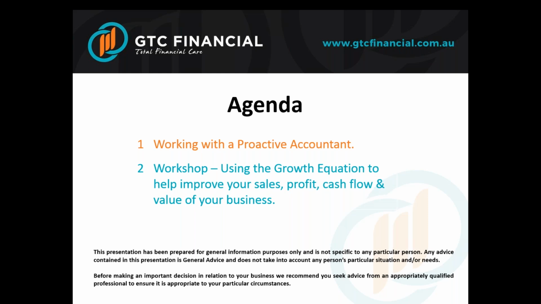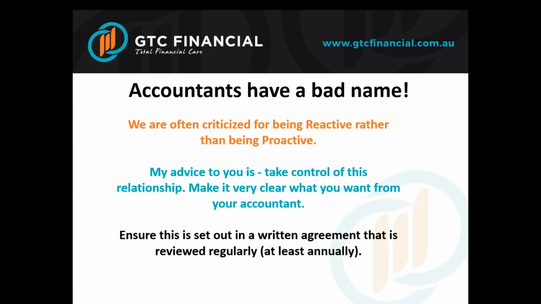And it'll help you understand what drives sales, profit, and cash flow, which are the three key elements of business profitability. And again, there's a general advice warning there that this is very general information.